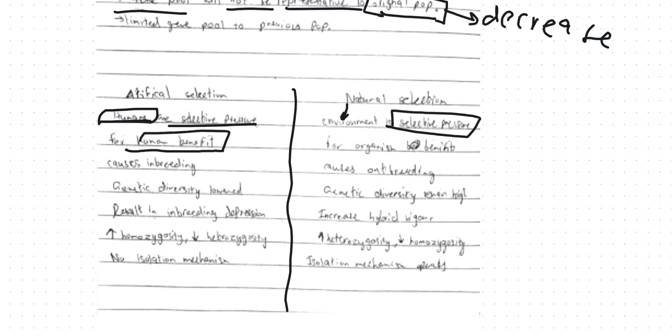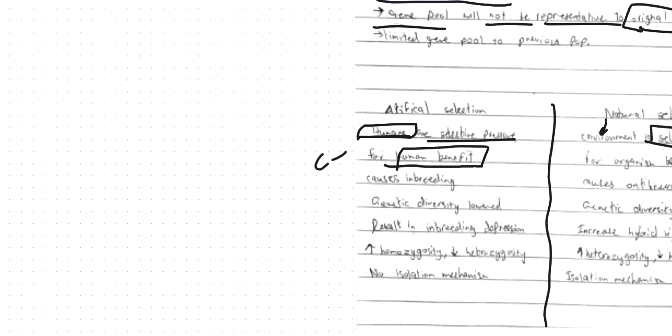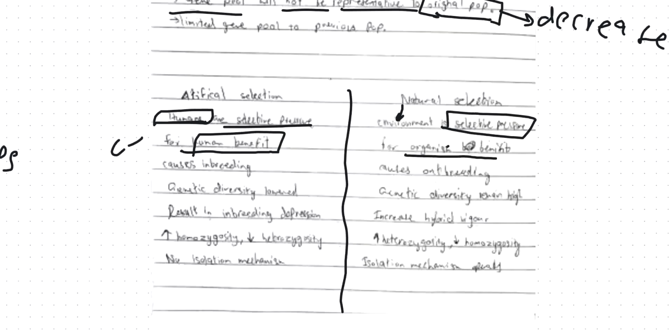So for example, if a human wants more crops from a crop field, he'll use artificial selection, and this means that it's for his own benefit. But natural selection is for the organism's benefit. So if the organism wants to survive, then natural selection will happen.